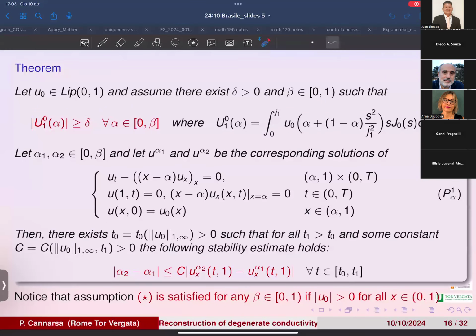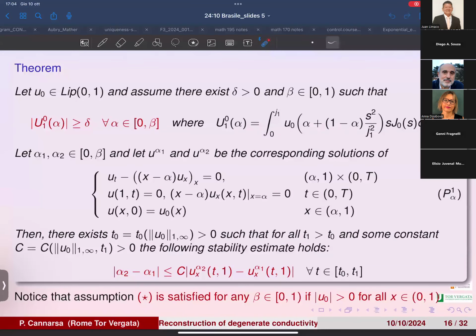You may want something simpler, and a sufficient condition for this assumption to be satisfied is that the initial datum does not vanish in the interval. The initial datum here is assumed to be continuous, even Lipschitz continuous. So we expect it not to have zeros inside the interval. If that is the case, then assumption star is satisfied.